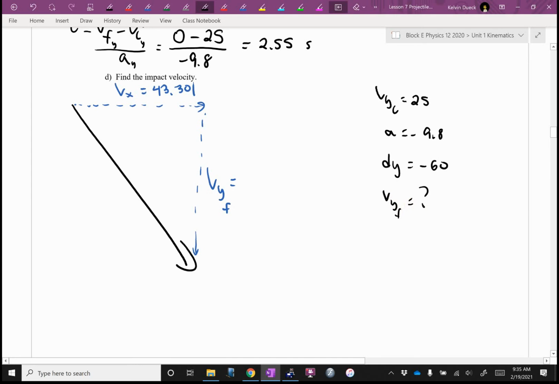I'm looking for an equation that has a Vi, an A, a D, and a Vf in it. There is one. Which one? I heard someone whisper square root. Can someone tell me the original equation first of all?